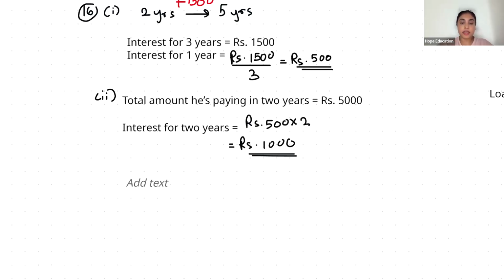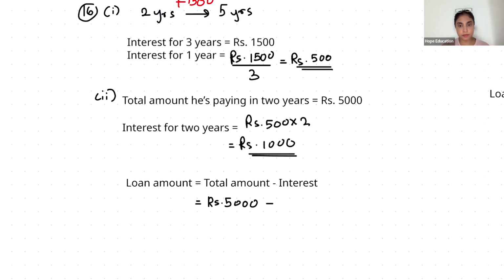So the loan amount means the total amount minus the interest. The total amount he's paying is 5,000. The interest for 2 years is 1,000. 5,000 minus 1,000 is 4,000. So this is the loan amount, or the amount that he has borrowed. Is that clear?